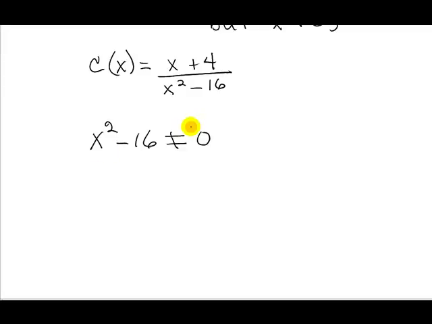Here we're going to have to factor to be able to find out what this number or numbers might be. Hopefully you'll notice I've got two terms, a minus in the middle, and a double. X times x, 4 times 4. So this is the difference of two squares. So we'll have x and 4 in each set of parentheses. One will be positive, one will be minus.